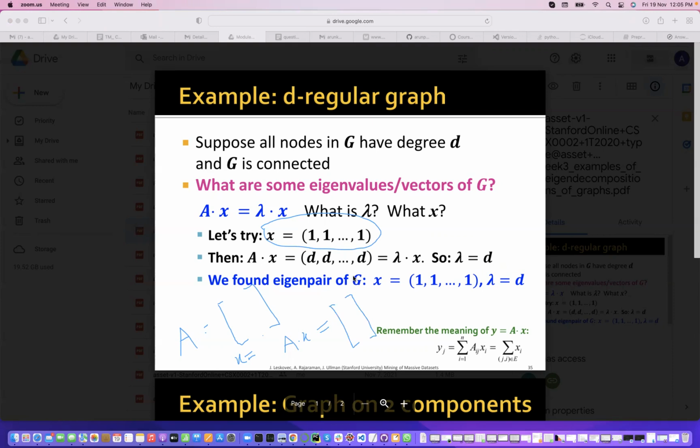So if all nodes in G have degree D, then Ax should be equal to D. So Ax equals lambda x, and to solve that, lambda simply becomes D. And when lambda equals D, your x should become 1, 1, 1. So you are getting one pair: eigenvalue lambda is D and eigenvector is 1, 1, 1. So one example is given of how we compute this.